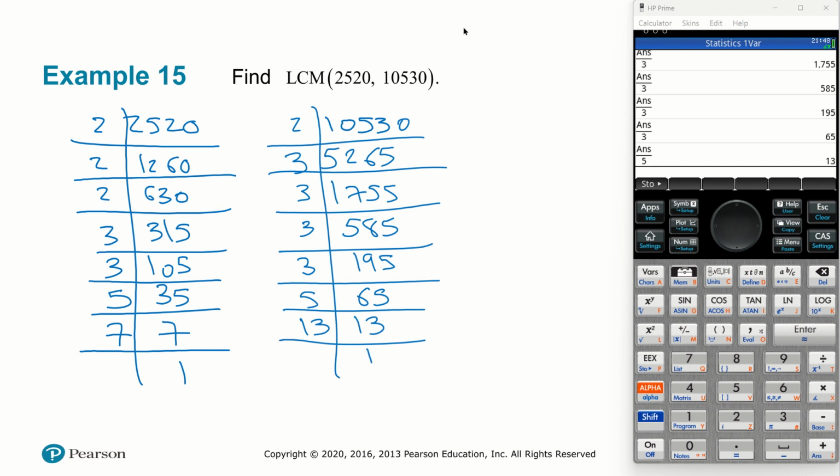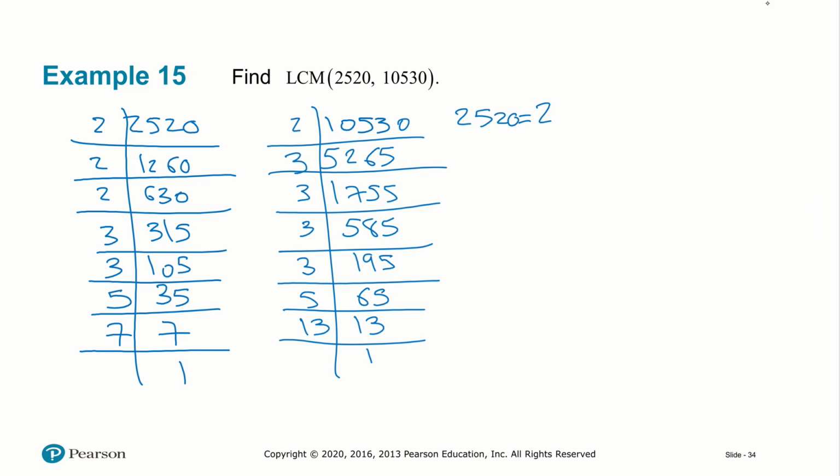So we just discovered that 2,520 equals 2 to the power of 3 times 3 squared. Let me get rid of this now. So 2 cubed times 3 squared times 5 times 7.